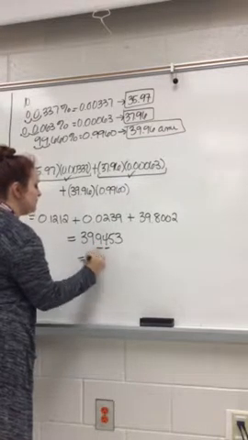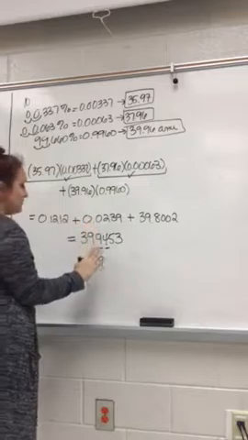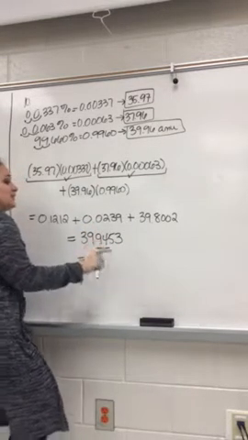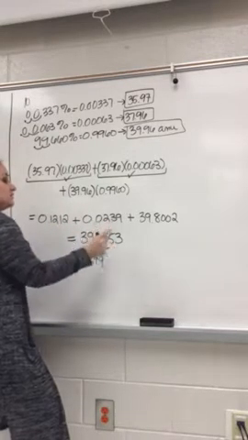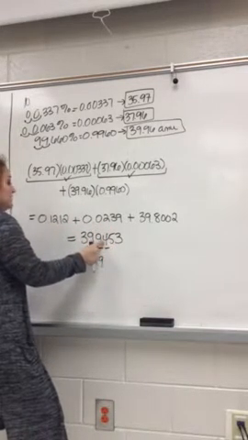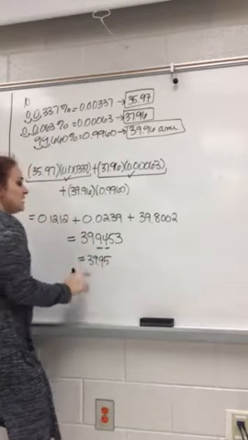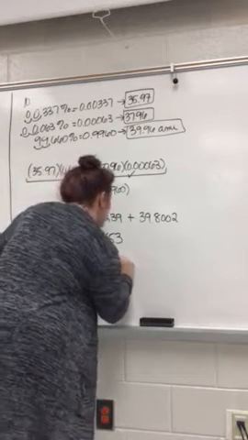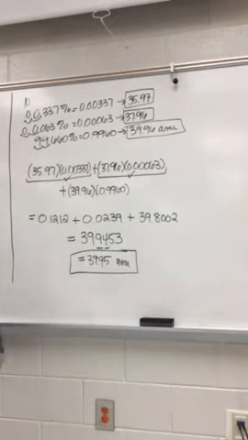We need the 9 part of it. But now we need to decide if this stays a 4 or if it goes to a 5. Looking at the trailer number, we see that it's 5 or more, so this number does not stay as 4, it becomes a 5. So your new answer should be 39.95, and it has AMU as its unit. You box it in, and then you should be good to go.